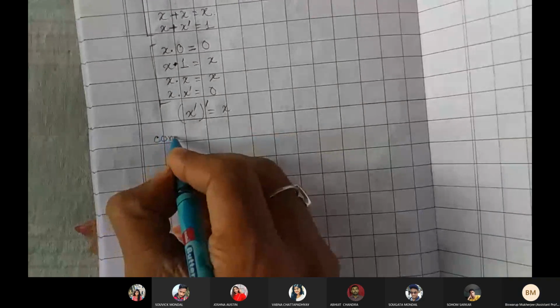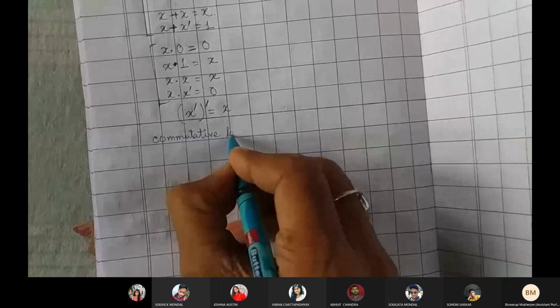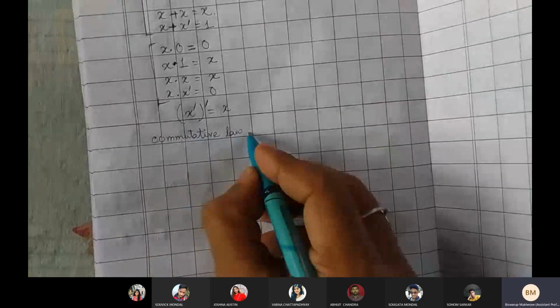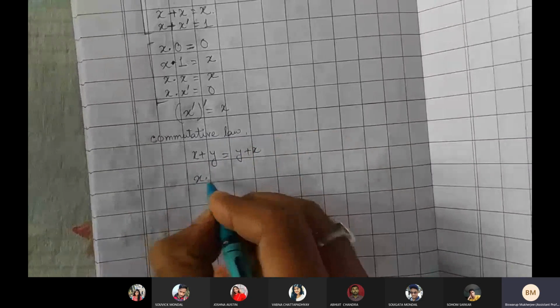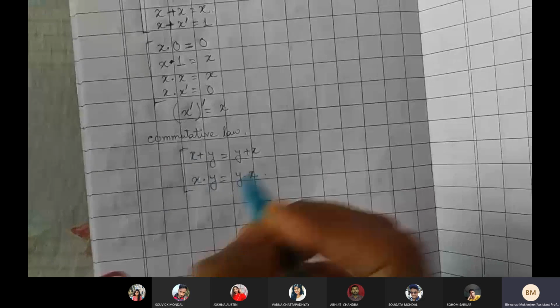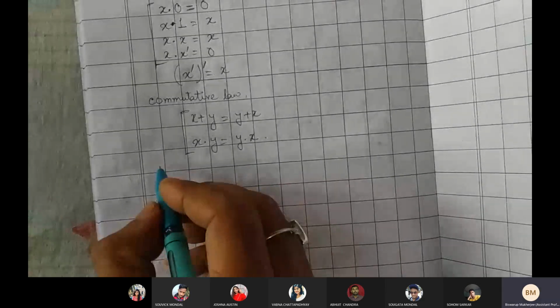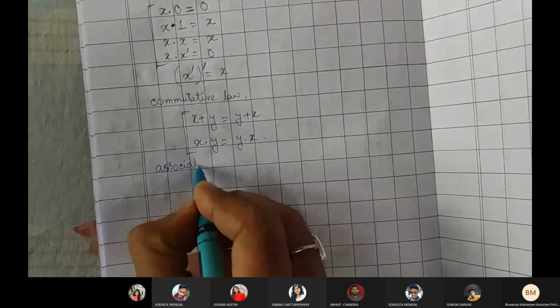now there are few popular laws, like we are having the commutative law. Commutative law is x plus y, it is very simple, y plus x. So you can change the side. Similarly, x dot y is equal to y dot x, right? So these are called commutative law. Then we are having associative law.